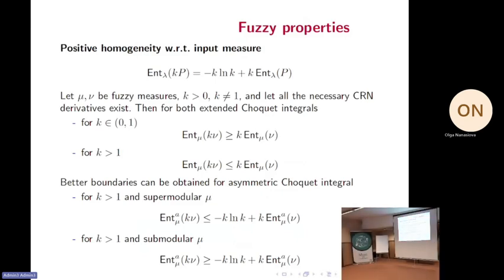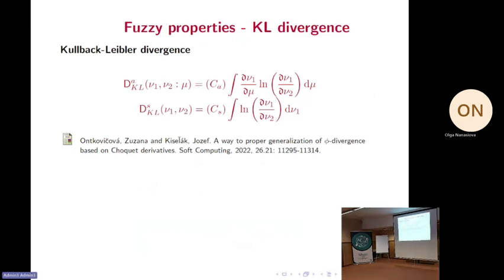My last remark would be the relation between the famous Kullback-Leibler divergence, which is used in many applications. In our previous article, we postulated proper definitions for this Kullback-Leibler divergence.